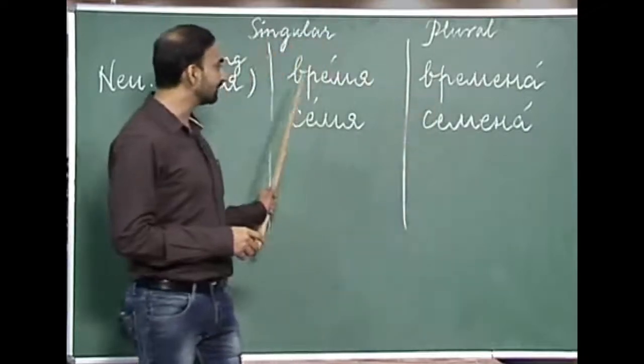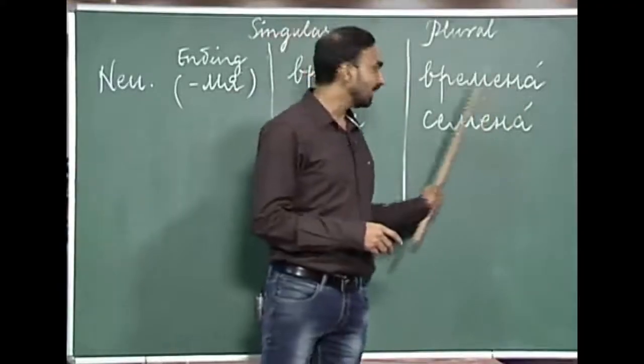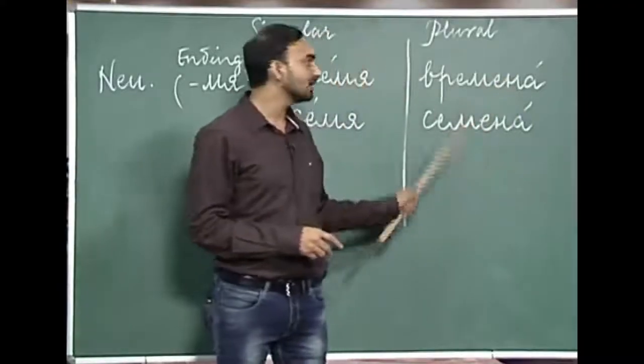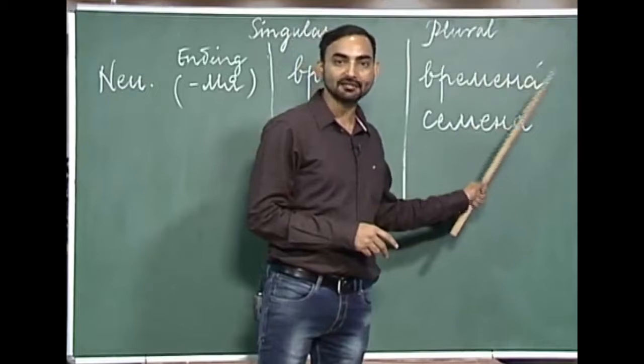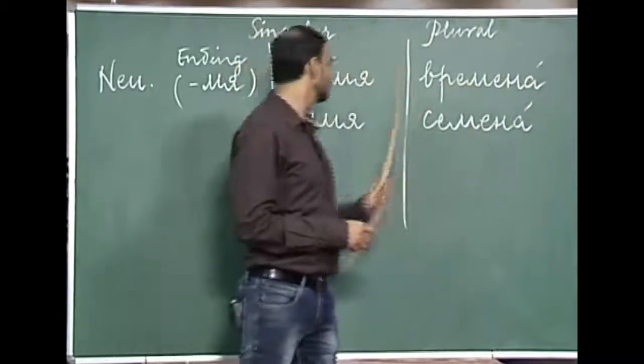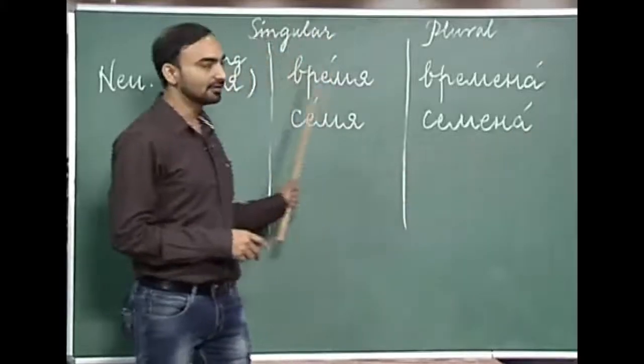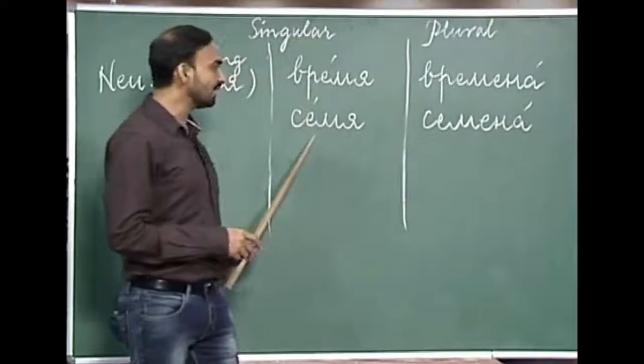So, the plural of vremya is vremena, and you have to keep in mind that in all these plurals the stress will be on the last a ending. So, vremya, vremena, semya, plural will be semena, seeds.